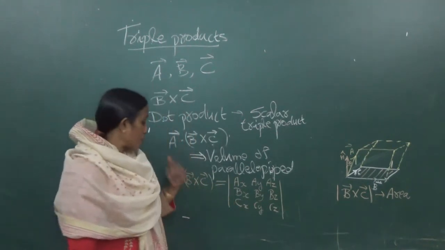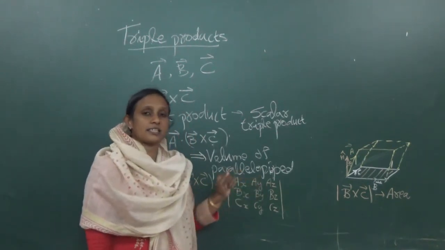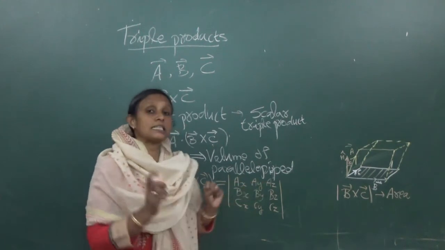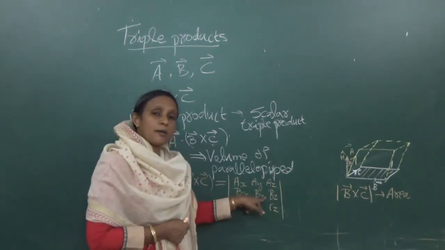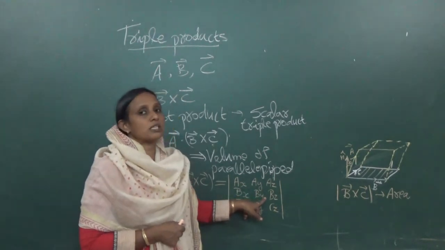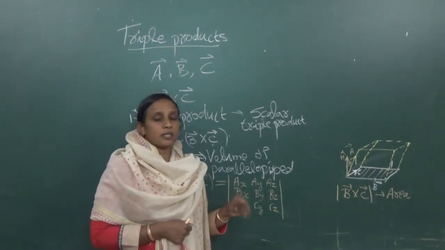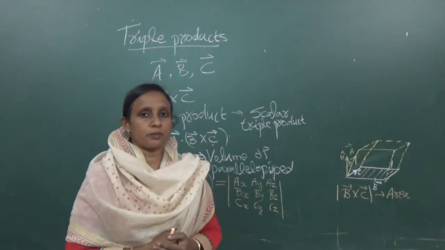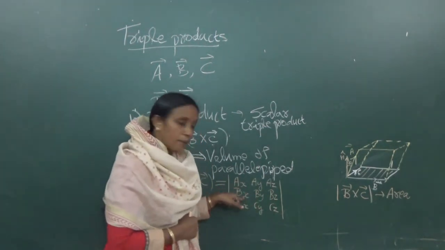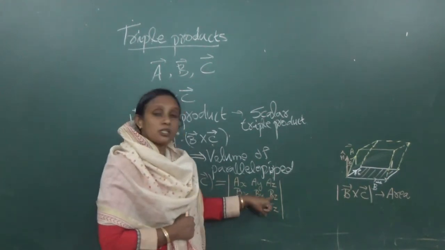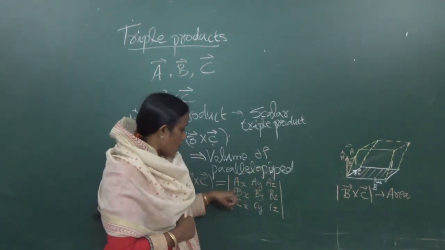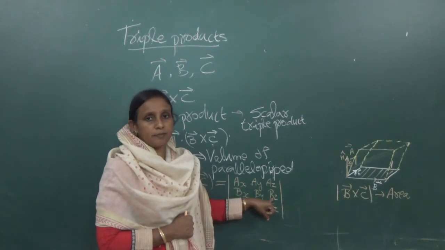From where do we get this Ax, Ay, Az, etc.? These are the three components of vector A. These are the three components of vector B using the Cartesian coordinate system, as we learned in our previous lecture. The three components of vector B are Bx, By and Bz.